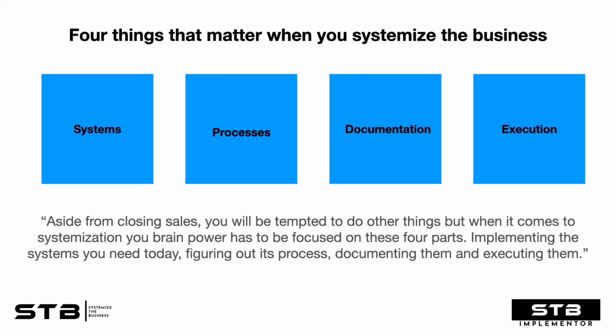What systems do I need? How and what processes am I going to use as steps to run these systems? I want to be able to document them in written form and also in video form. And then I will need to have everybody execute it, not just myself, and assign someone to be accountable to run the processes, to run the systems, and to make sure the documentation is updated.